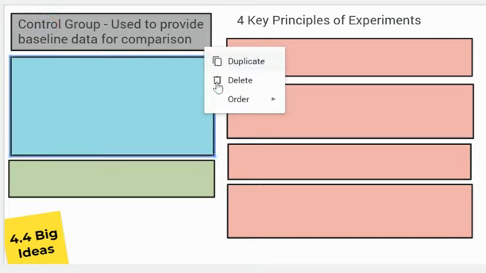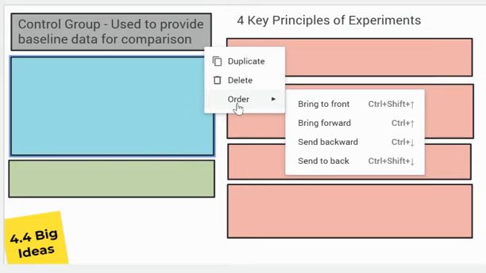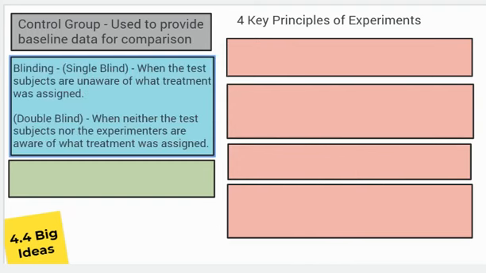Next, we have a certain type of characteristic that we could give an experiment, and that is called blinding. So when we have any kind of blinding in an experiment, that means that either the test subjects are unaware of the treatment that they received, or both the test subjects and the experimenters themselves are unaware of what treatment was assigned.